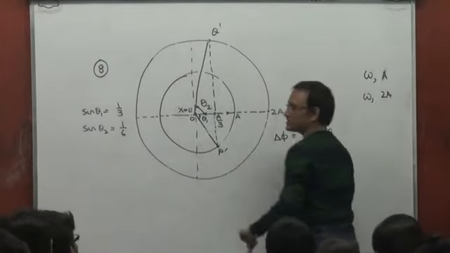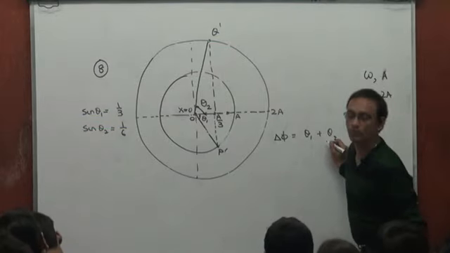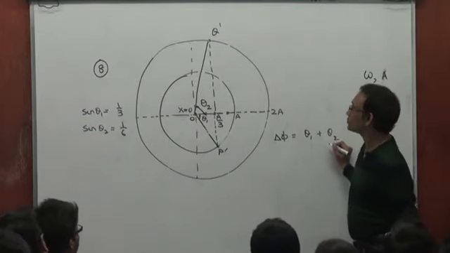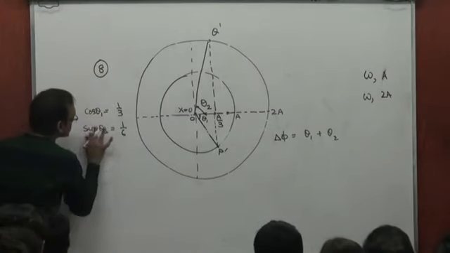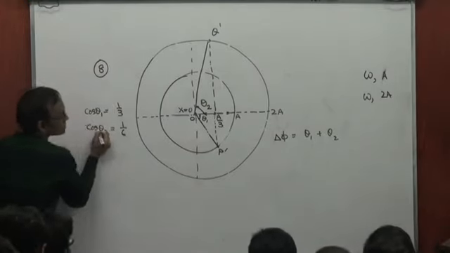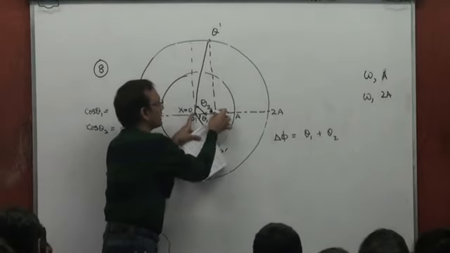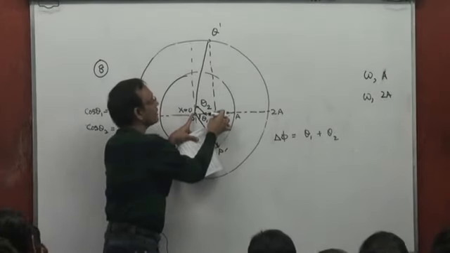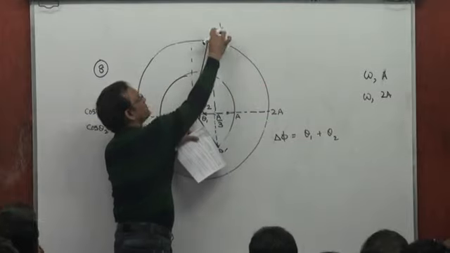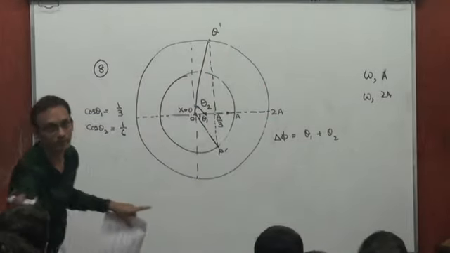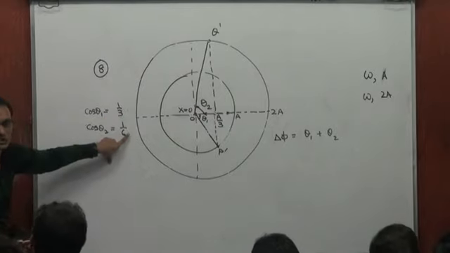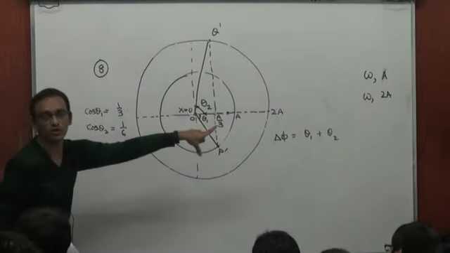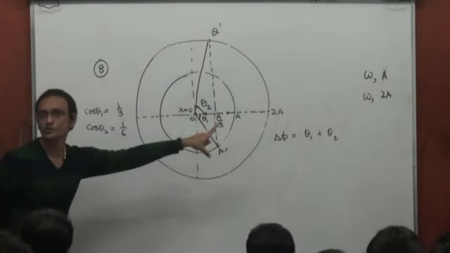Oh, sorry. I'm so sorry, it's cos theta. I apologize for this. This is cos theta 1, cos theta 2. Cos theta 1 is A by 3 divided by A, and cos theta 2 is A by 3 divided by 2A. So theta 1 and theta 2 are cos inverse 1/3 and cos inverse 1/6.